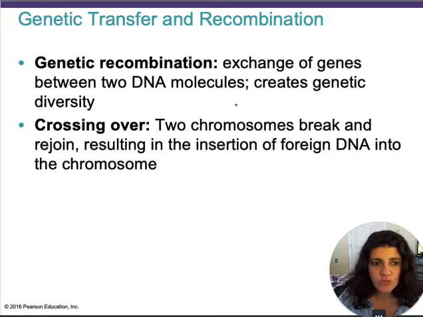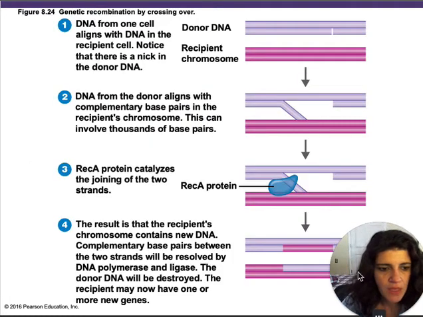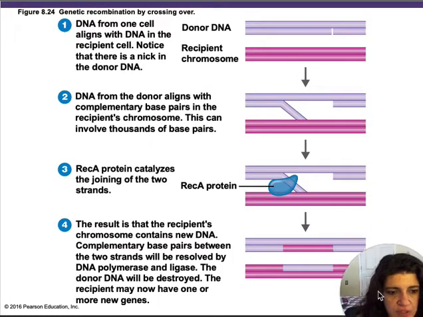Two chromosomes break and rejoin, resulting in the insertion of foreign DNA into the chromosome. Look at that. You have a lavender and a pink DNA, right? Let's say purple and pink.